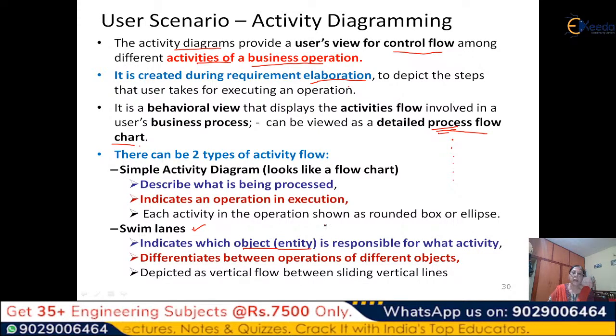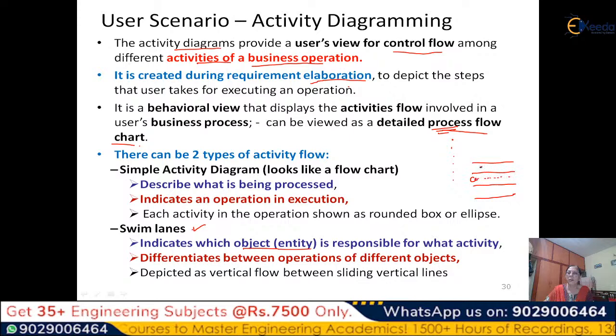So you need to create different objects and put them in different swim lanes. It will differentiate the operations of different objects, and it is normally depicted by a vertical flow between sliding vertical lines. So if you go to a swimming pool, what will happen? You have lines like this. If you have seen a swimming pool, you have swim lanes, and the swimmer is here. The swimmer is supposed to go here.